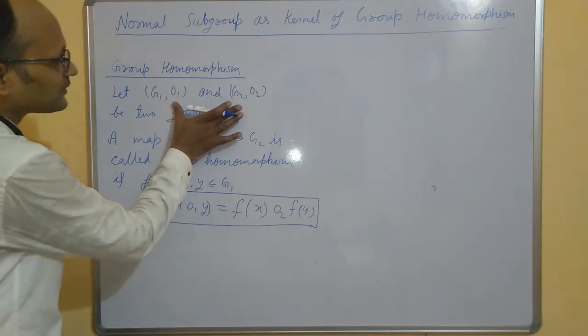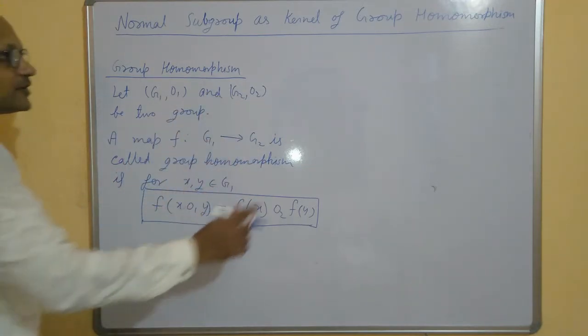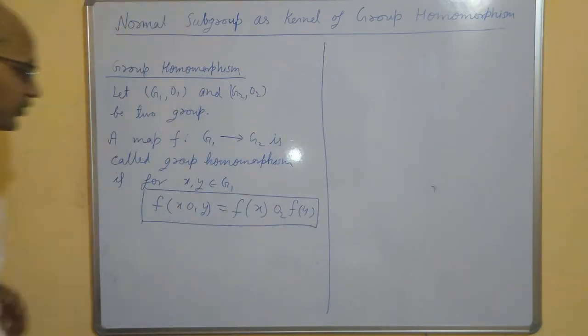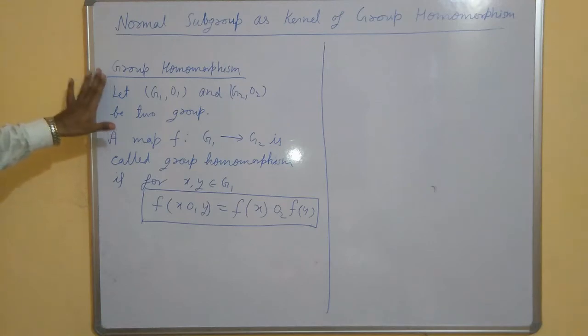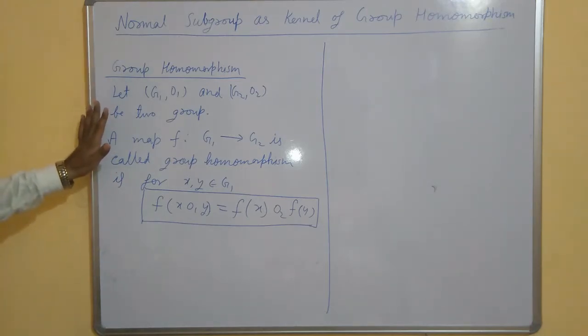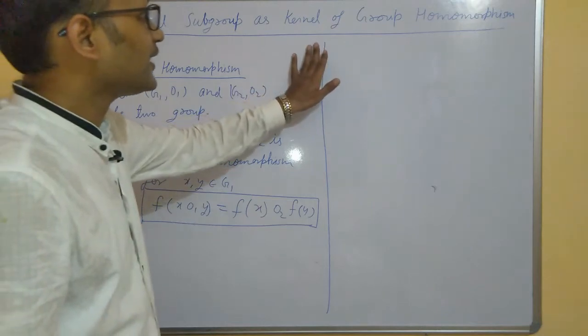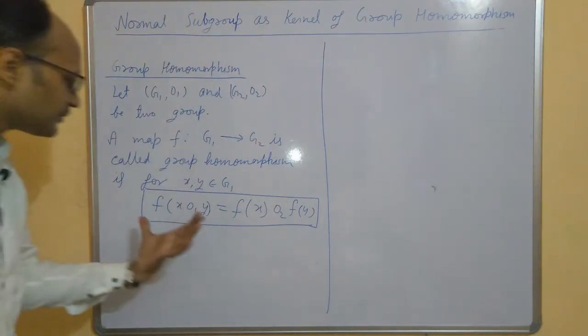There are two groups G1 and G2, they may be same, they may be different. I am not going to do the detail of this here, because I will again define the group homomorphism when we do the separate lecture on this. I am just defining it here to show that it has a kernel and the kernel is a normal subgroup, and we will do the example for that.